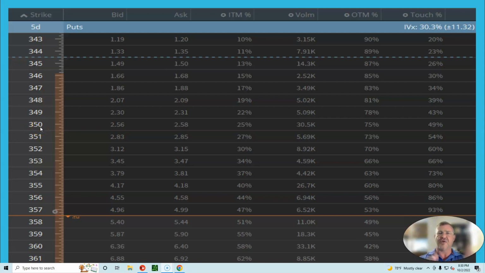So you would need $350 times 100 in your brokerage account to be selling a cash secured put option. If you don't have that money, then you'd be selling a naked put option, which totally disregards buying the asset, right? So you're going to select a stock that you can buy 100 shares of.